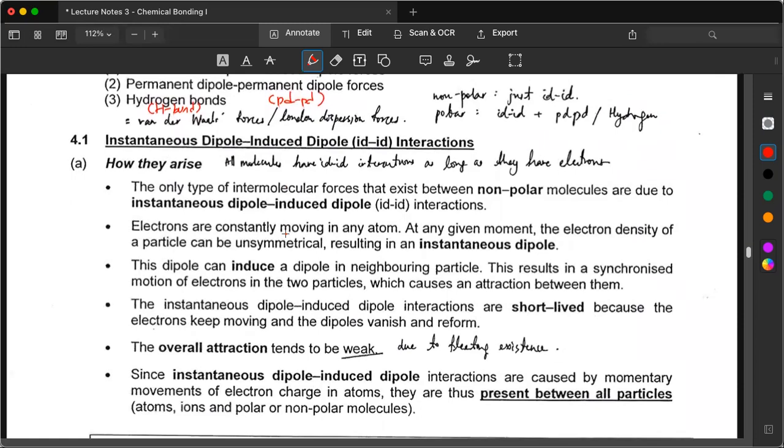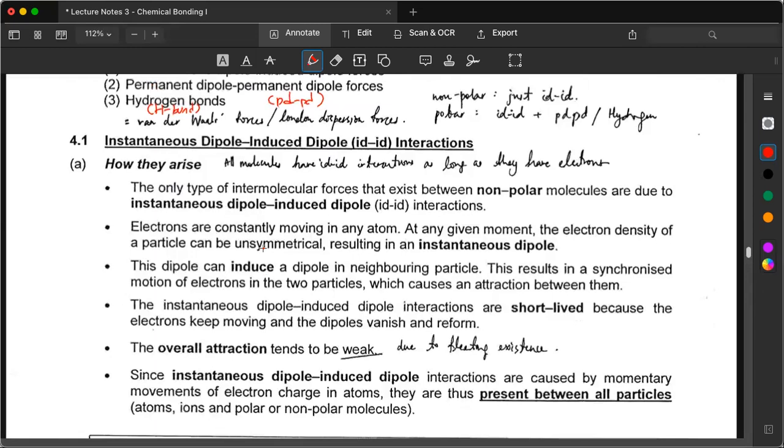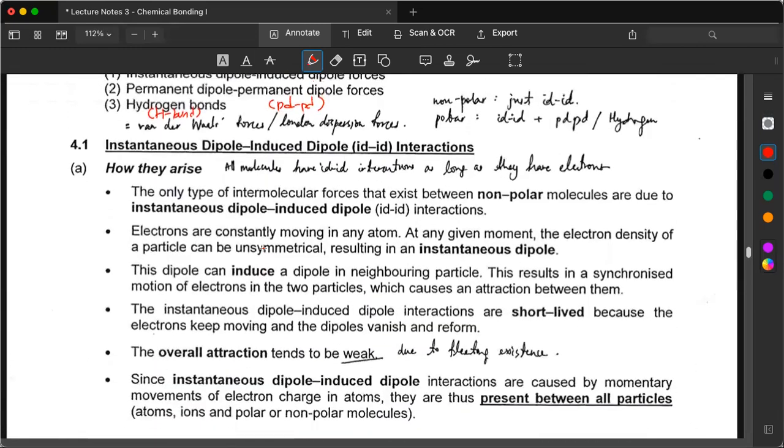Electrons are constantly moving. We know that electrons are not static, they are dynamic, they are always in random movement. So at any given moment, it could be possible that the electron density of the particle is unsymmetrical. You could have the distribution of electrons between two atoms of similar electronegativity this way, but sometimes it can be like that because electrons are always moving.